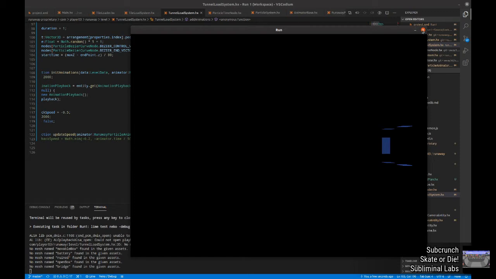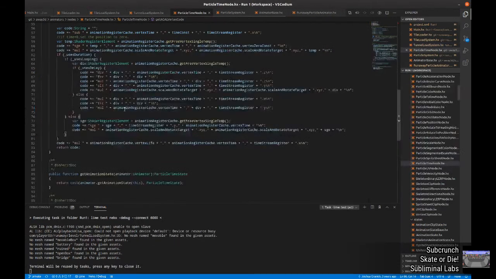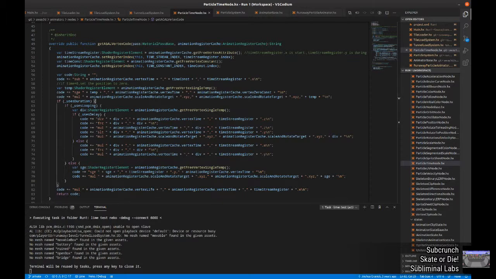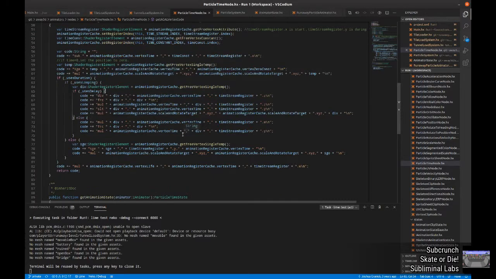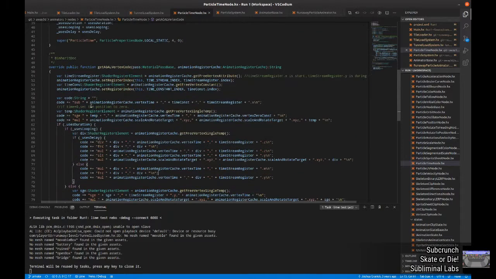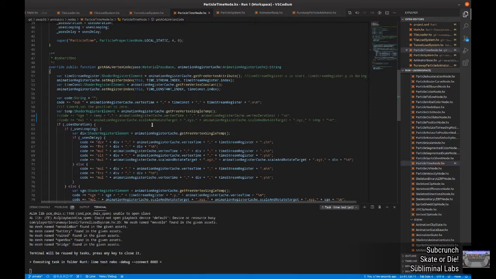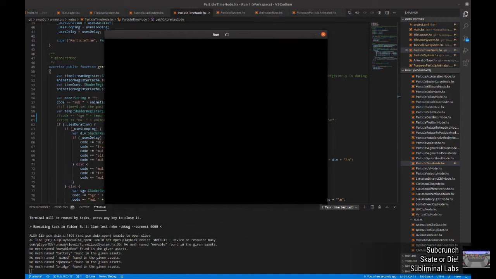Yeah, what I really want is for them to stay visible. And I think that is somewhere in this code, which I don't really understand. If time equals 0, set the position to 0. So I'm a little worried about that being the issue. Greater than or equal to. Let's suppose I get rid of that.